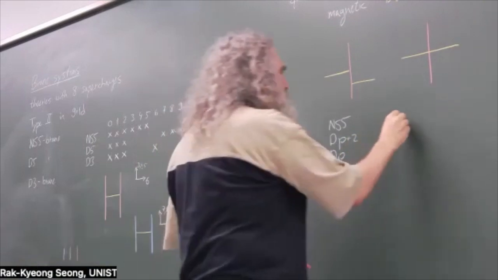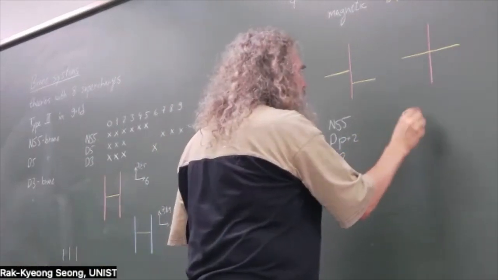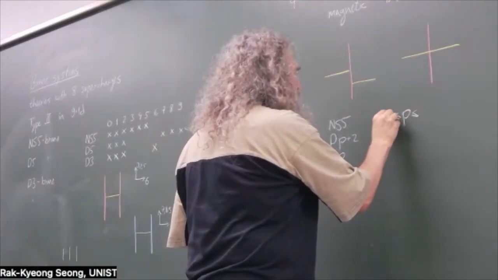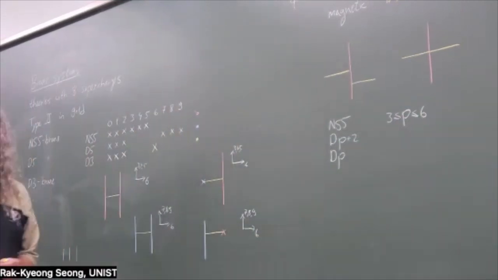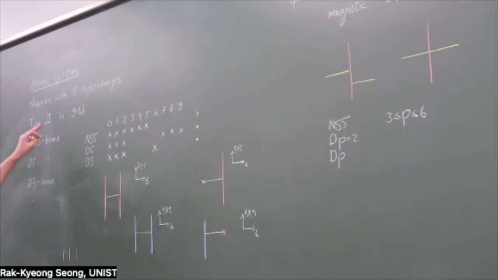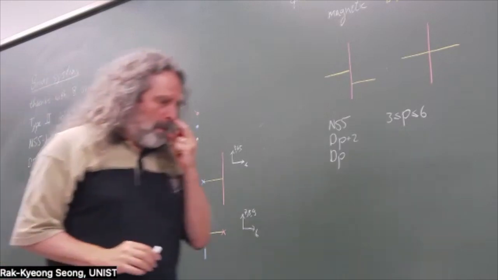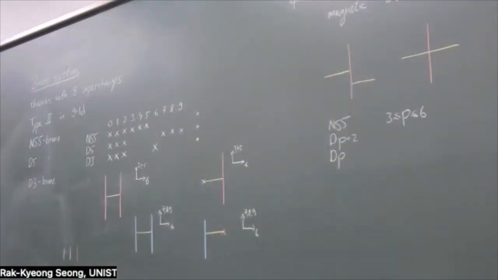And for us, the interesting part would be between 3 and 6. So when I write type 2, it could be either type 2A or type 2B, depending on whether p is even or not.